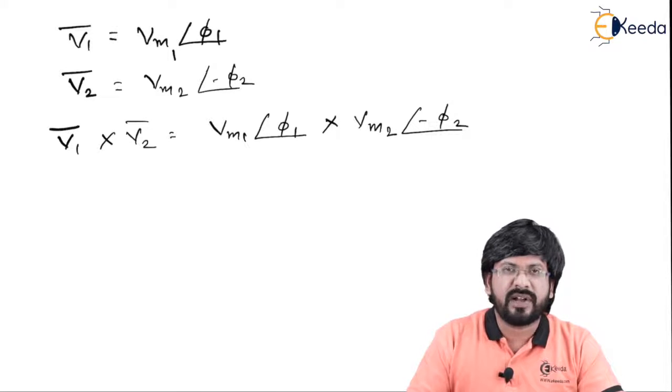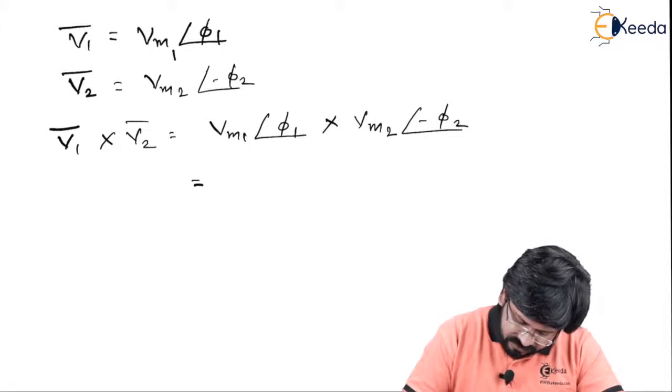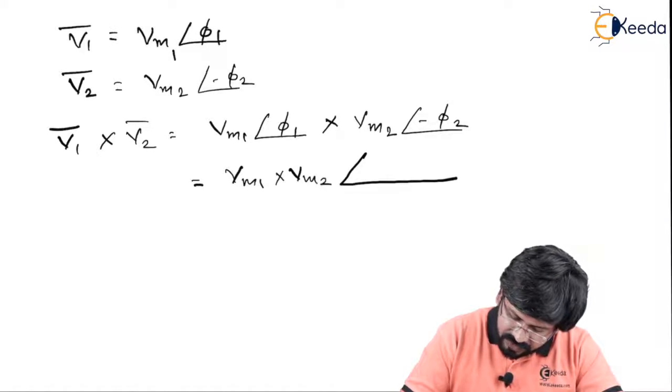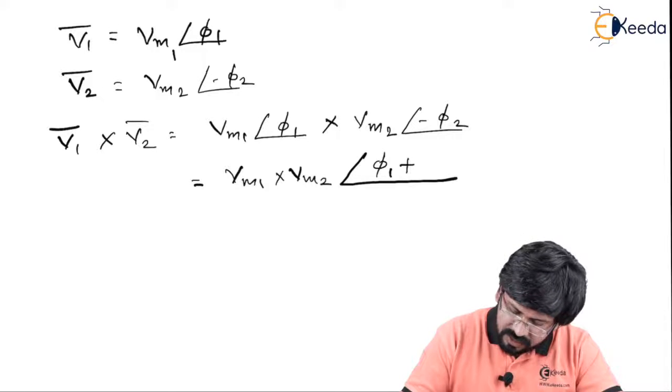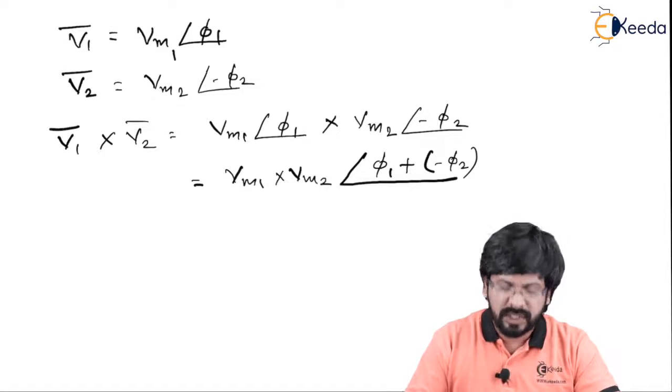When you multiply two vector values, their magnitude gets multiplied and phase gets added. Final answer is Vm1 into Vm2 as the final magnitude, and final phase will be phi1 plus of minus phi2. So in a way it becomes phi1 minus phi2 only.